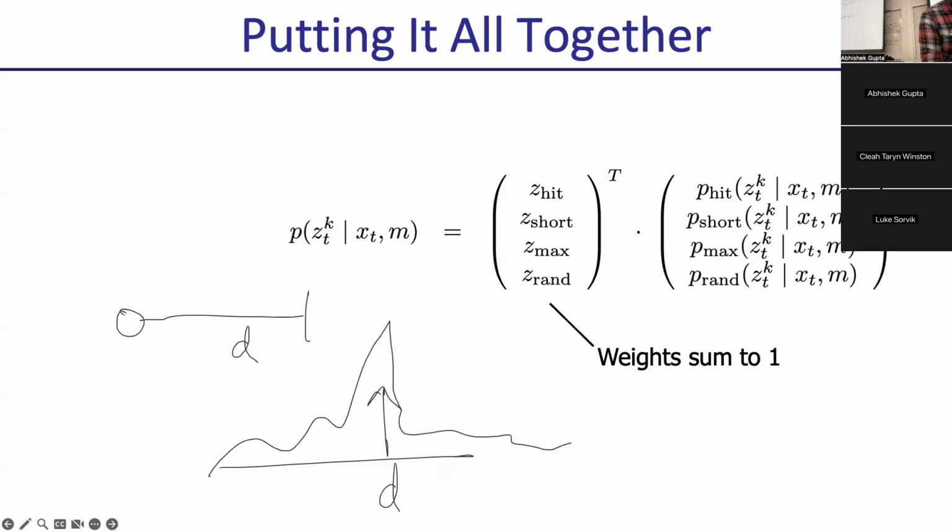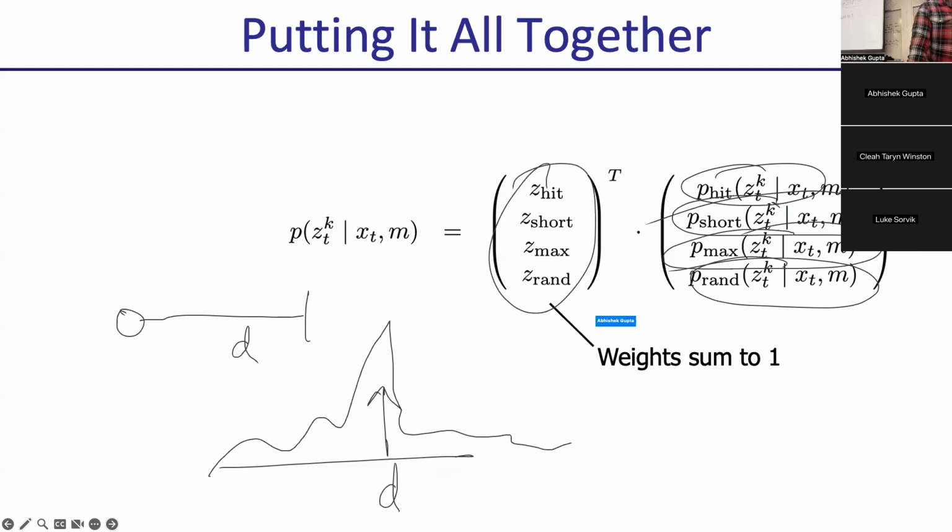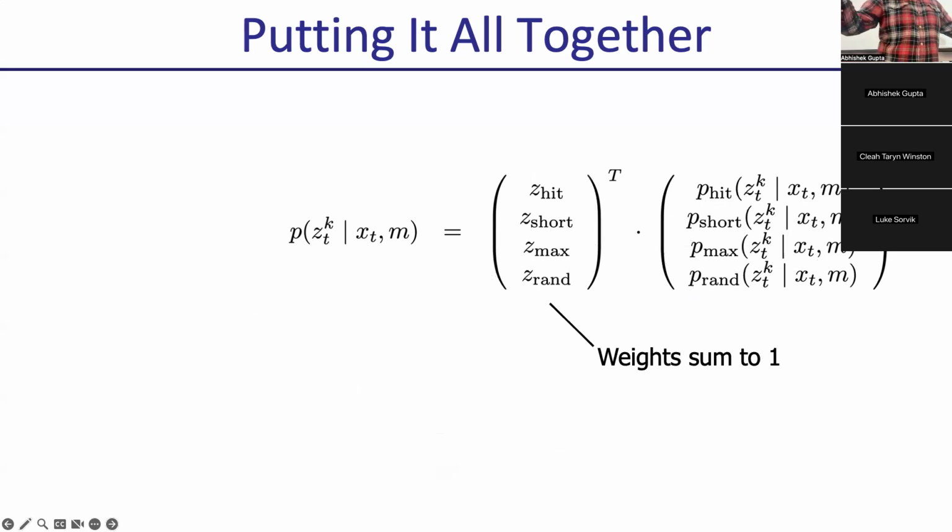The first is some local noise. The second is some unexpected objects. The third is that you just have a sensor failure. And the fourth is you just have some uniform randomness, right? And so you put those four things together, you normalize it so it's a proper probability distribution, and then you get your sensor model, right? So all of these are somewhat heuristic. We kind of made them up, but they seem to work reasonably well in practice.